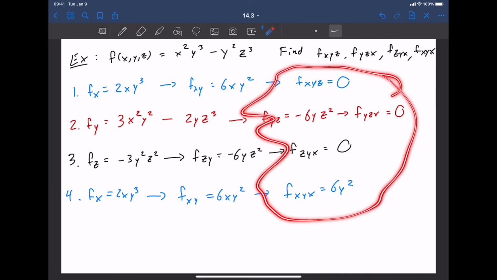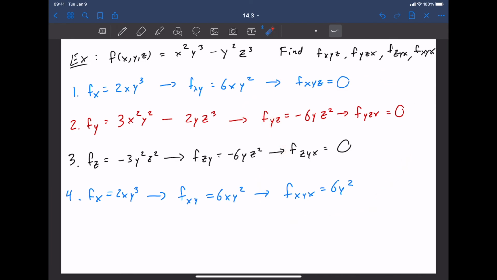So that's the last wrinkle with these higher order derivatives. In general, if we have a nice continuous function, how do I know that's continuous? It's a polynomial. If we have a nice continuous function, you're not going to worry too much. If it's not a continuous function, we cannot use Clairaut's theorem. Okay? We cannot do it. It will not work out.